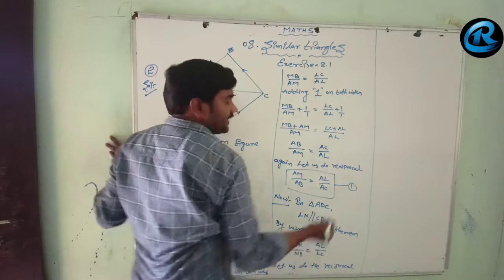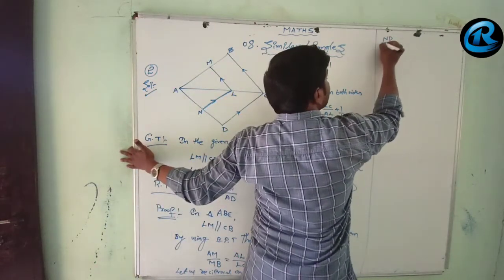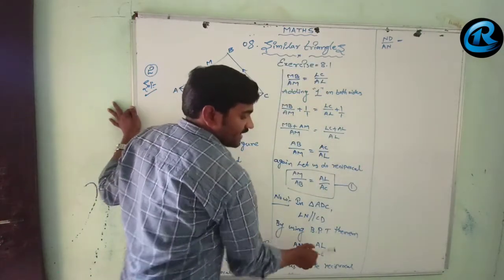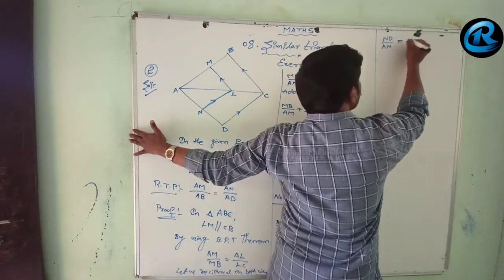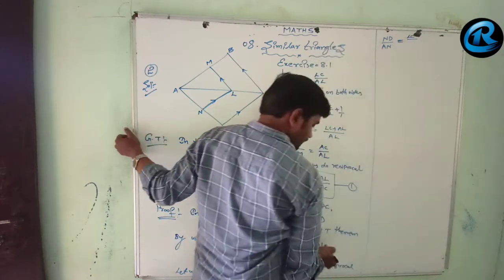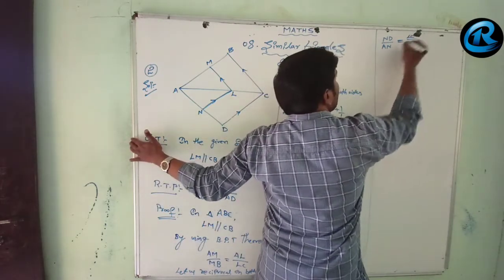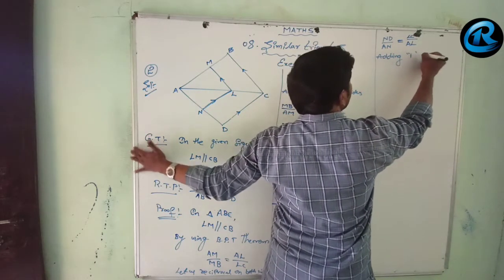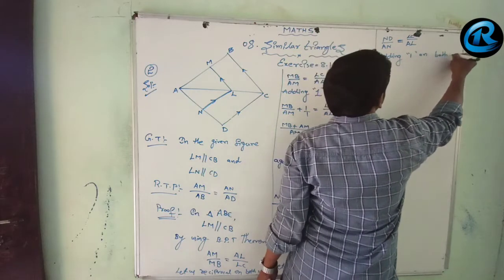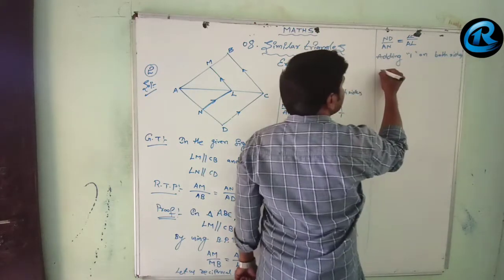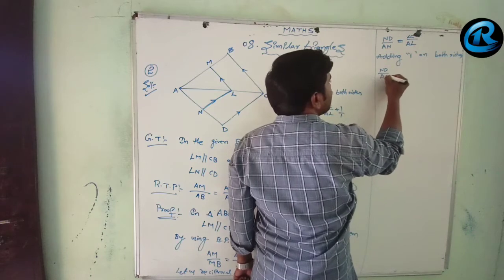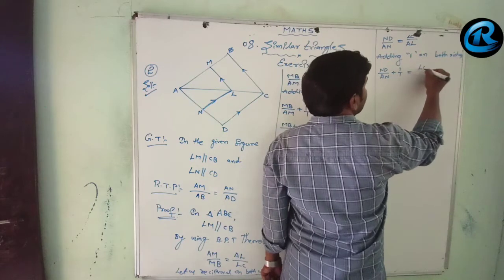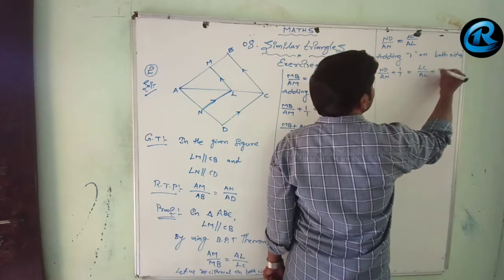This AN by ND becomes ND by AN, that is equal to AL by LC becoming LC by AL. Adding 1 on both sides, we get ND by AN plus 1 by 1, equal to LC by AL plus 1 by 1.